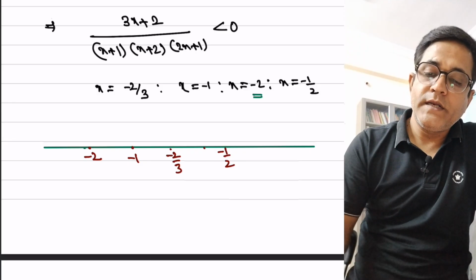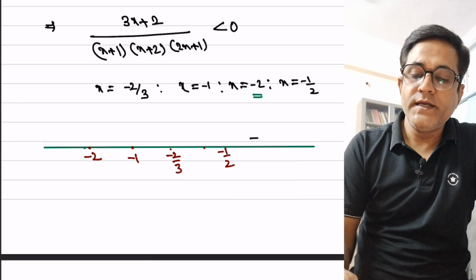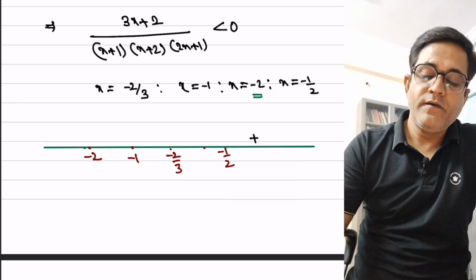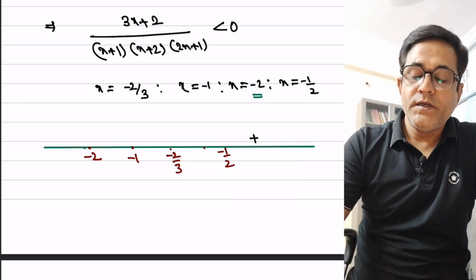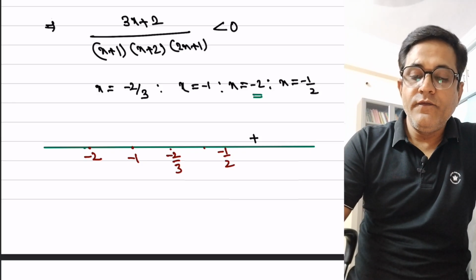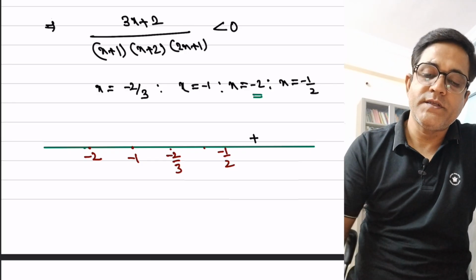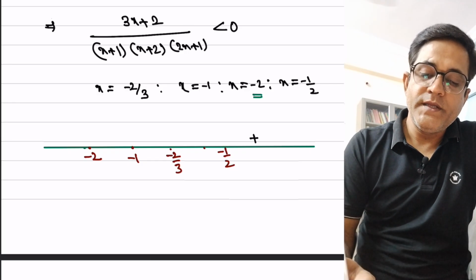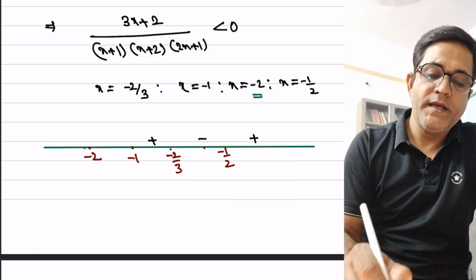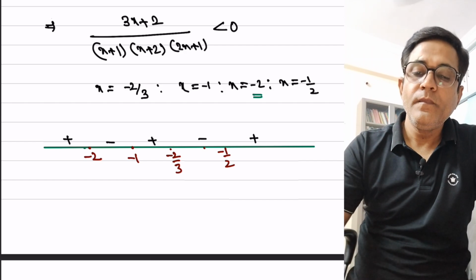Now put a positive sign to the right of the greatest root. While moving from right to left, at every root you change the sign because no even powers are there. That is why here plus, minus, plus, minus, plus.